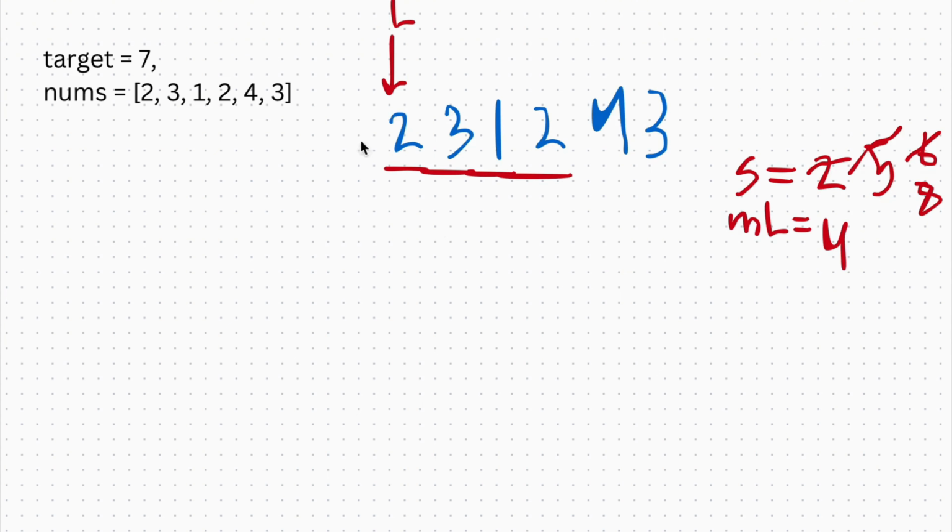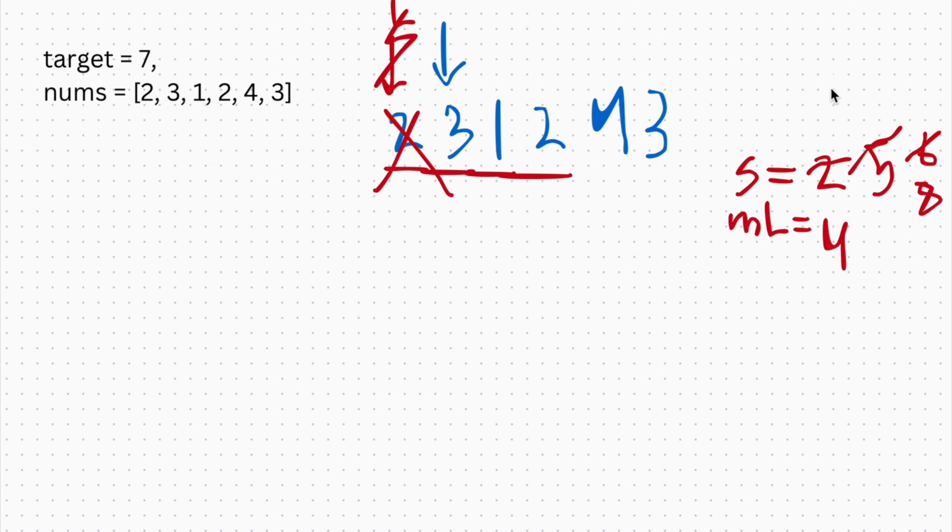Let's shrink the window by deleting this one, so our window is 3, 1 and 2. Our L is here now. And don't forget to subtract the first element from the sum.